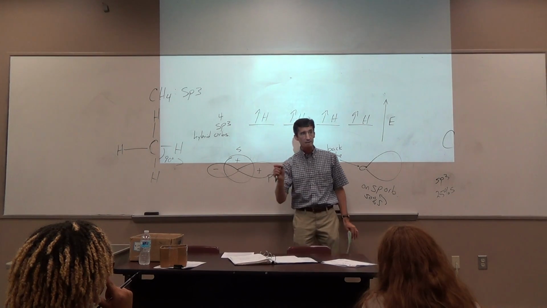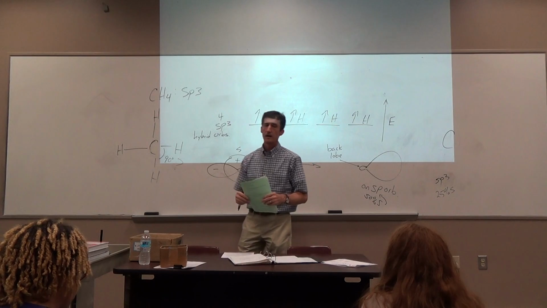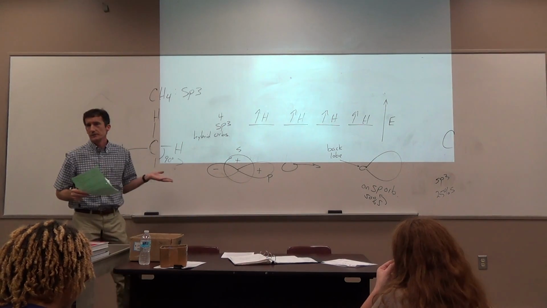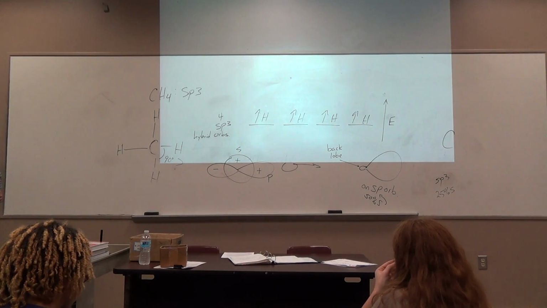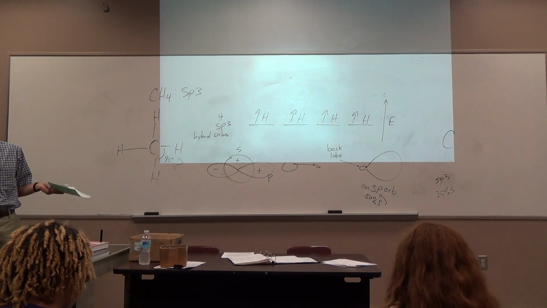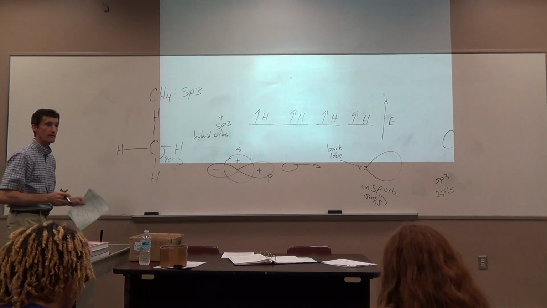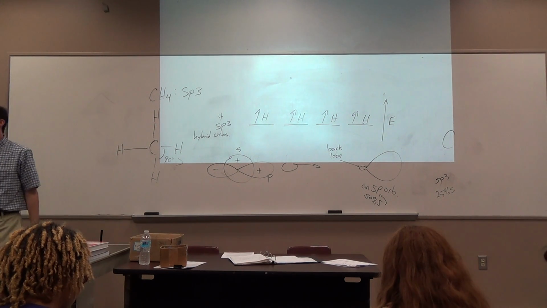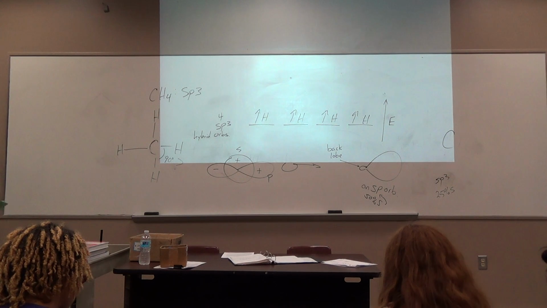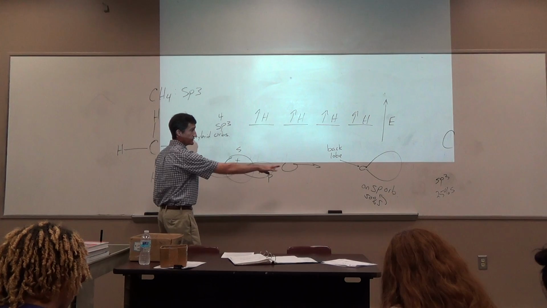That's what you really need to know: percent S character, and then relatively think about it. I'm not going to try to draw you an sp3. Actually, on the last page of the handout, I kind of drew them, and they almost all look the same. You got to know percent S and what that means in terms of length, and percent S affects your bond length. The longer the orbital, the longer the bond's going to be. Okay, so that's a little bit of that.